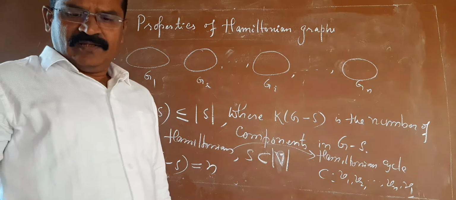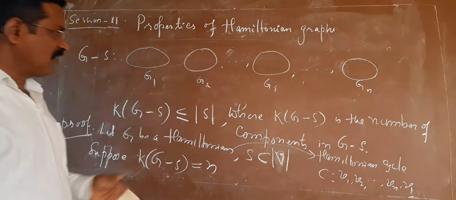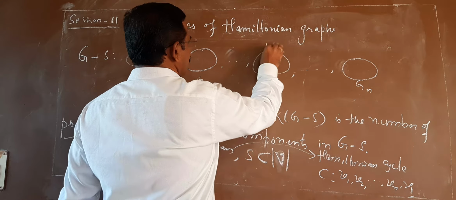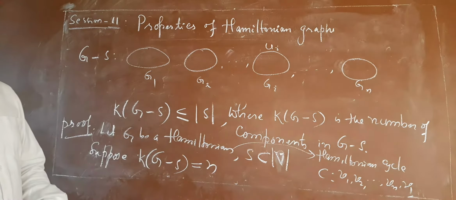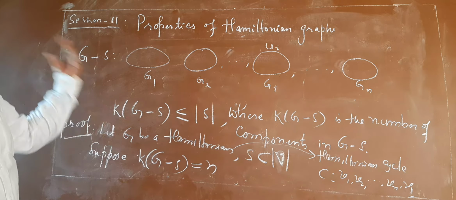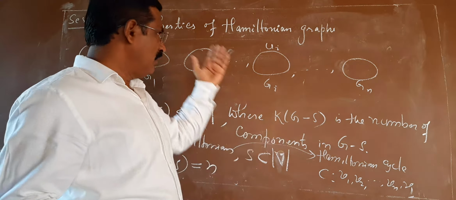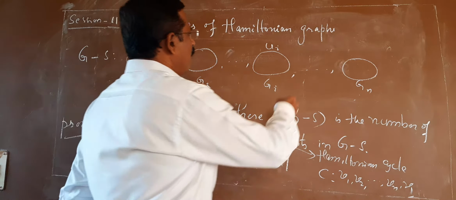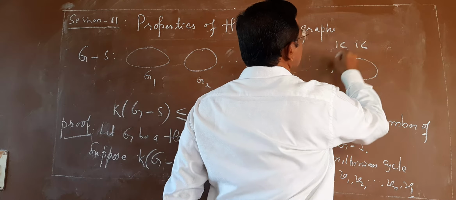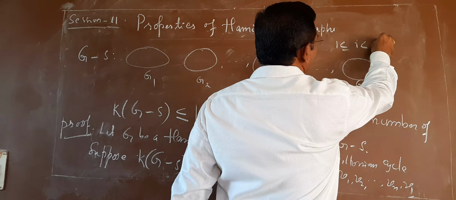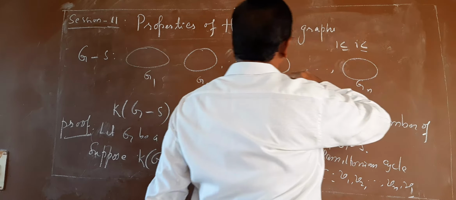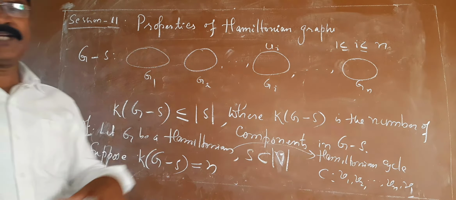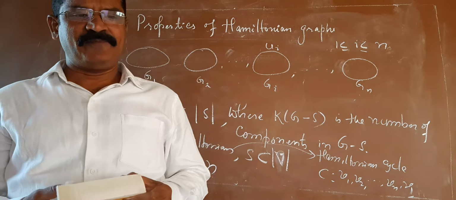Next, let Ui be one vertex which lies in the component Gi: U1 in G1, U2 in G2, like that, Ui is in Gi, where 1 is less than or equal to i is less than or equal to n.